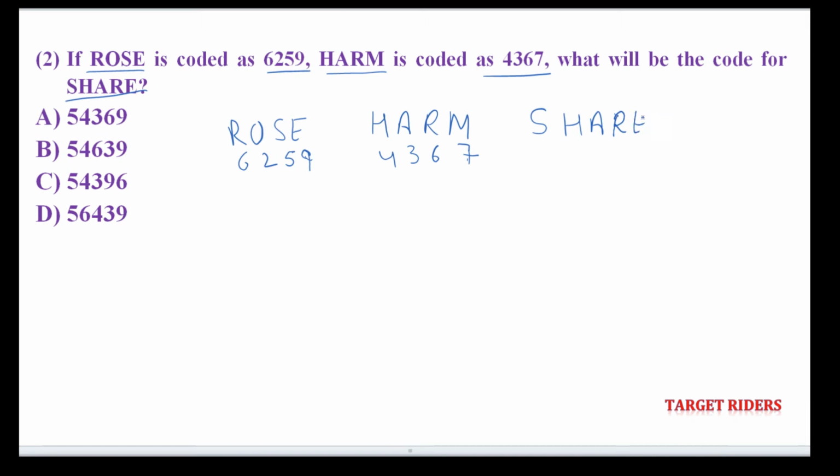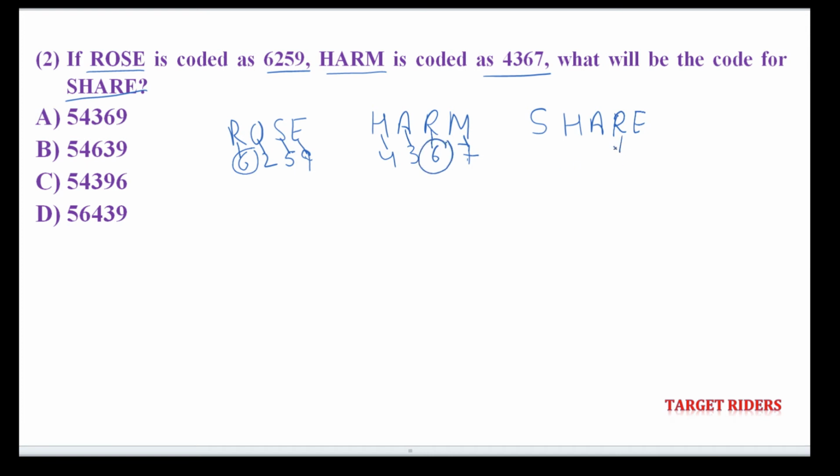See, R is coded as 6, O is coded as 2, S is coded as 5, E is coded as 9. H is coded as 4, A is coded as 3, R is coded as 6, M is coded as 7. So find out the code for SHARE. See, R is in ROSE, and the same code for R in HARM is 6.